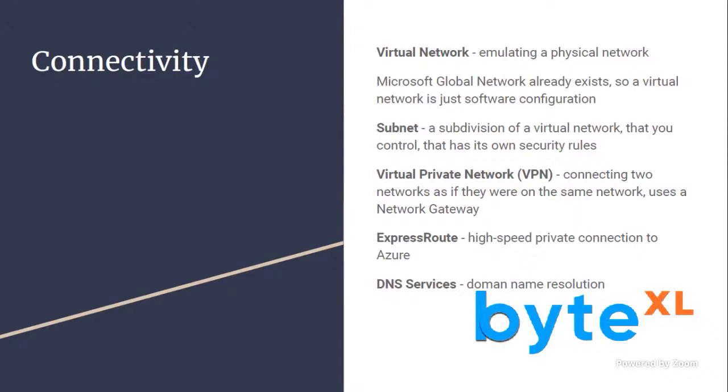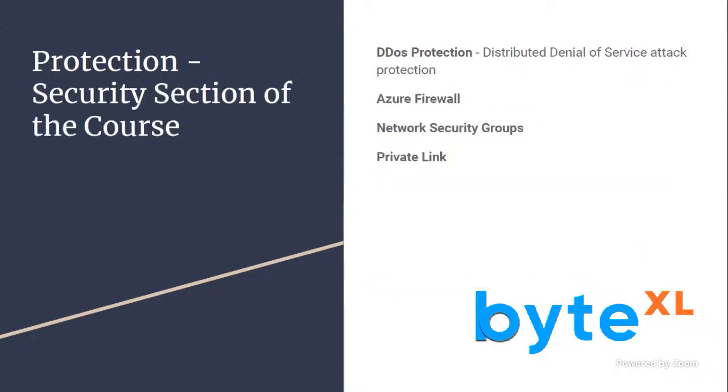These include the Azure virtual network, VNet, or virtual WAN, ExpressRoute, VPN gateway, NAT gateway, Azure DNS, peering service, and Azure Bastion. These are the different ones which come under the connectivity services.